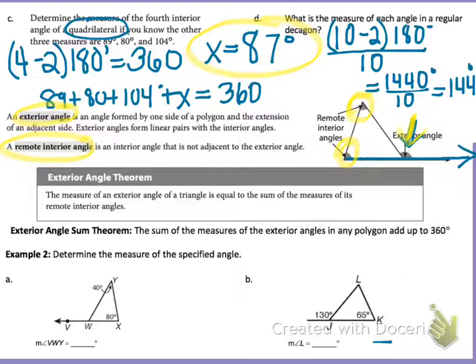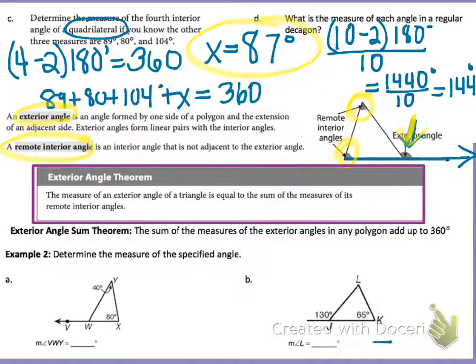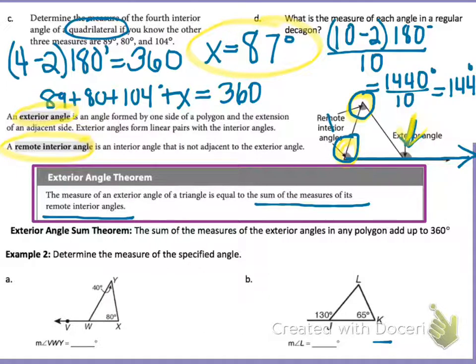And that's important to this theorem we're going to learn, which says this: the measure of an exterior angle of a triangle is equal to the sum of the measures of the remote interior angles. So in other words, in this drawing, these 2 angles, this one and this one, if I add them up, they will equal the exterior angle. And the reason why that is, first of all, the interior and the exterior angle at this vertex make a linear pair.